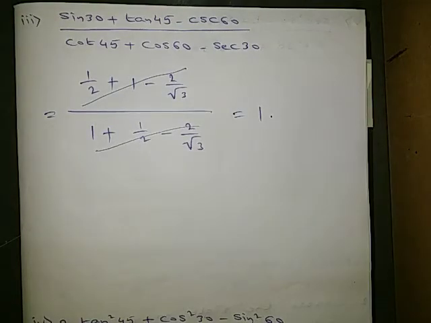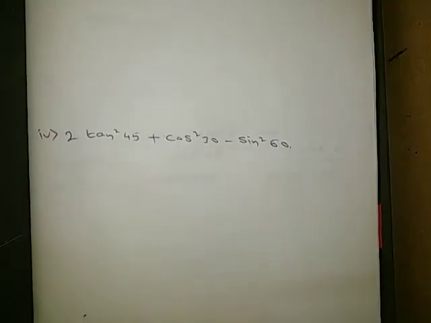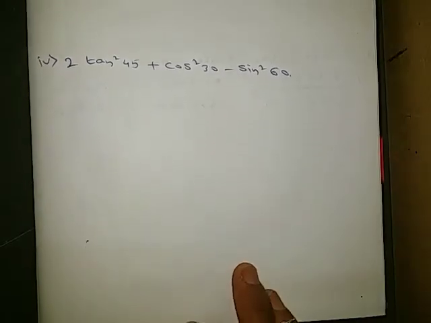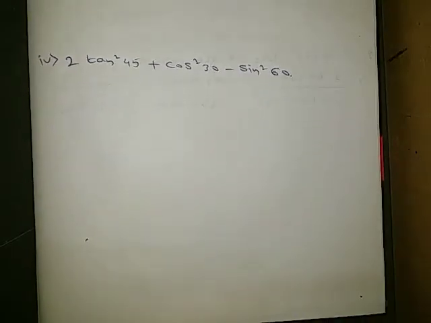Let's move to the next question. What is the value of 2 tan square 45 plus cos square 30 minus sin square 60?